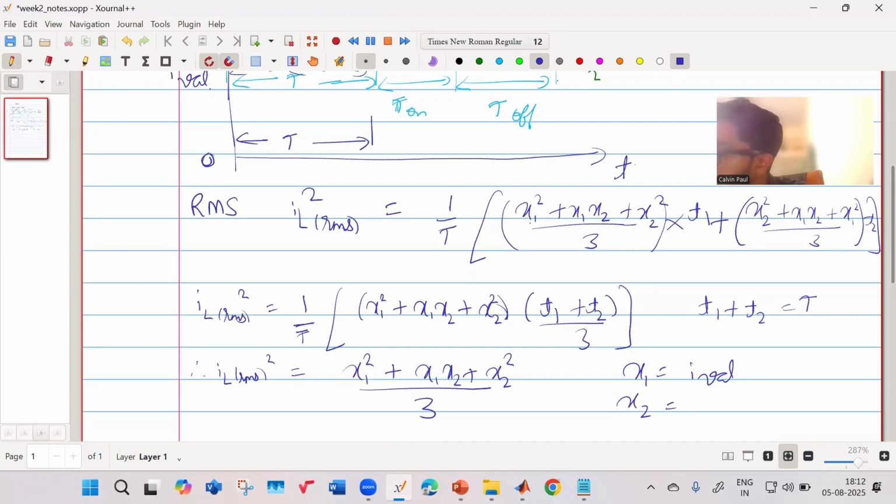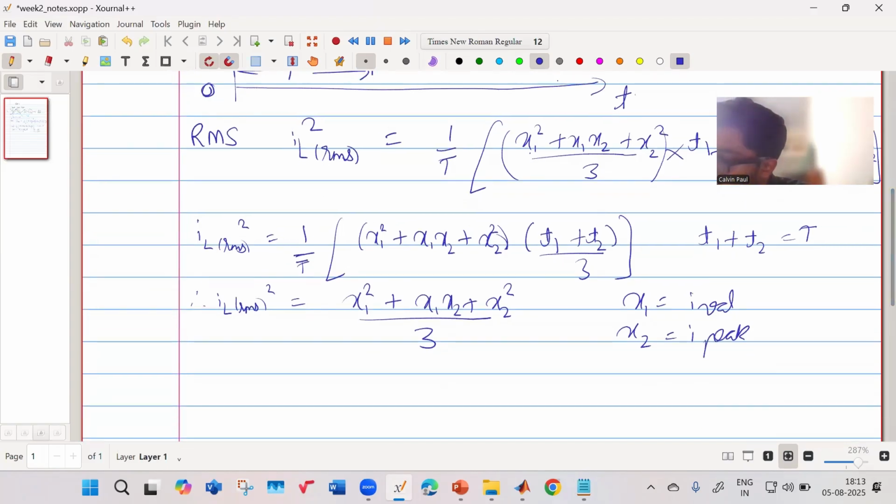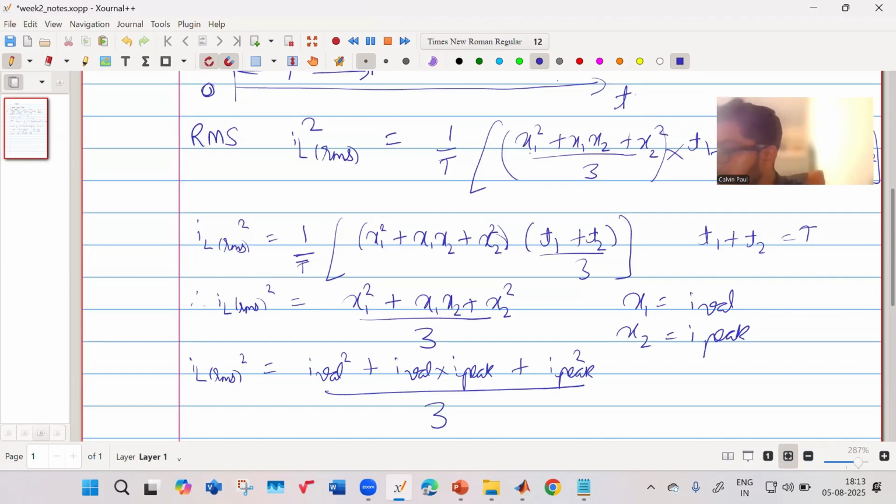Your X2 is I peak, right? So your IL RMS square is (I valley square plus I valley into I peak plus I peak square) upon 3. Okay, any doubts till this point?